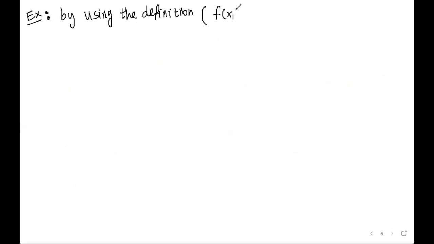So the example is now, by using the definition, which definition? I mean, if f of x1 equal f of x2, then x1 equal x2.